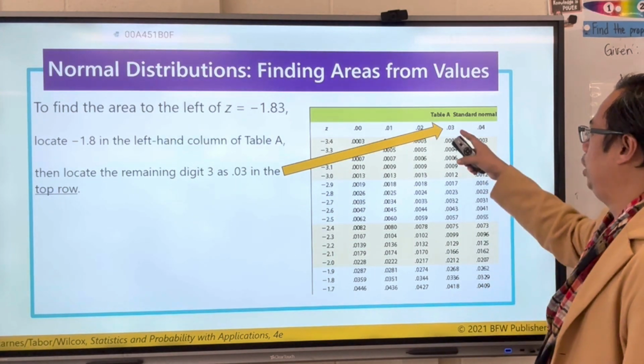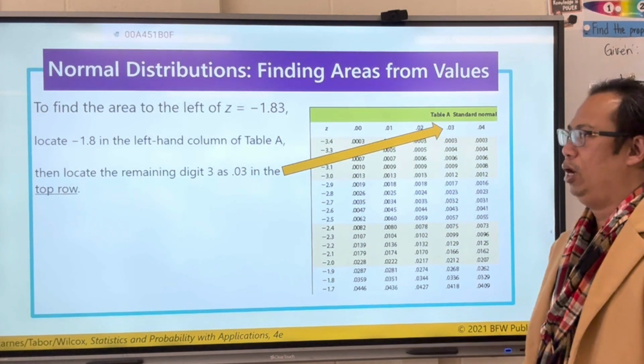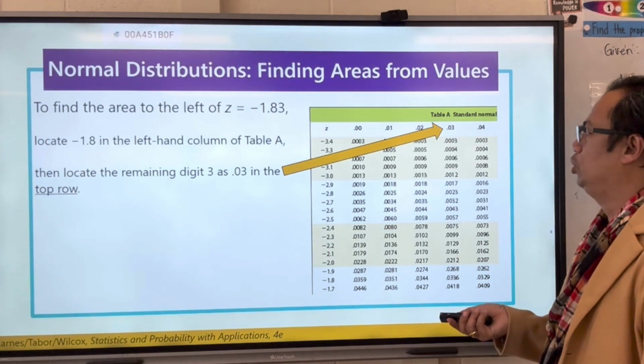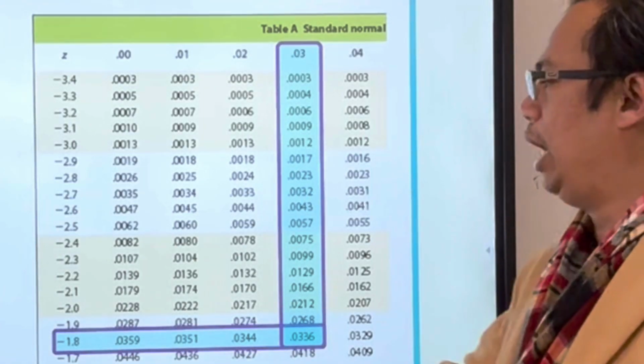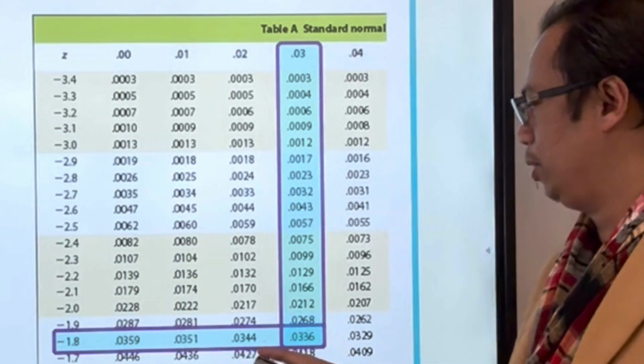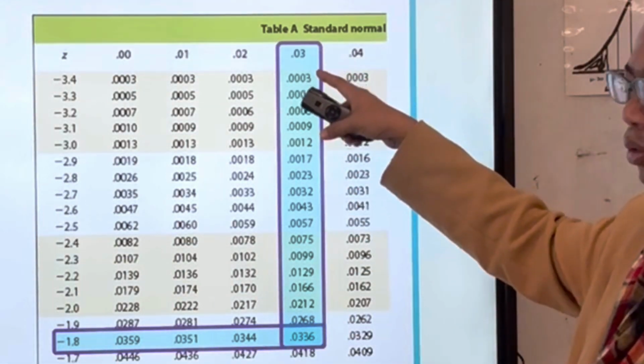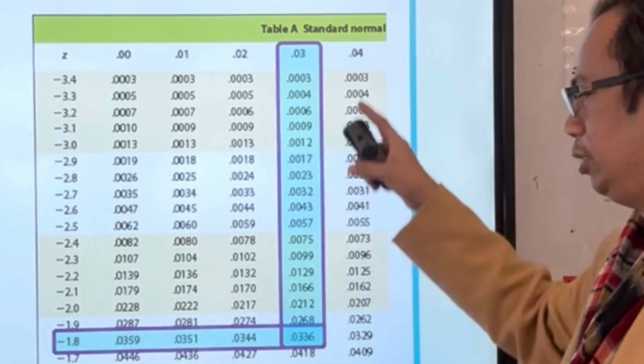So the 0.03 is on the top of the table. In summary, we got the -1.8 here, and then 0.03 on the right side, on the top.